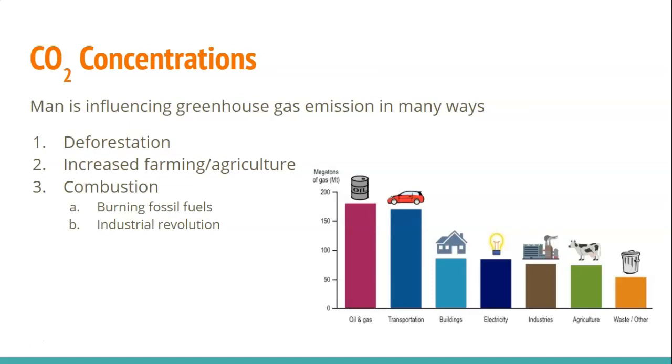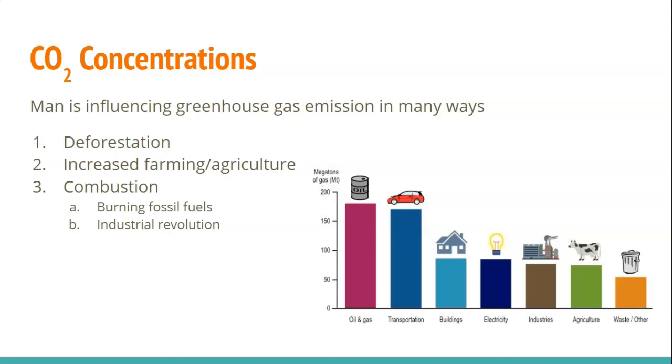CO2 concentrations. We talked a lot about this last time, just briefly covering it again. The amount of carbon dioxide that's in the air can directly be related to man. Man is influencing this emission in a lot of ways, but the three biggest ways are deforestation, increased farming, and then combustion.